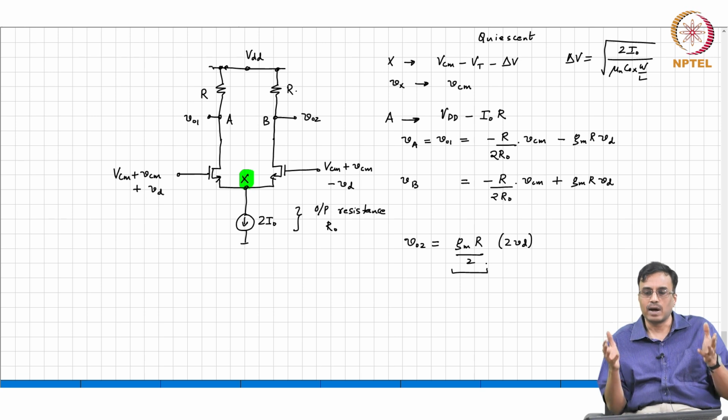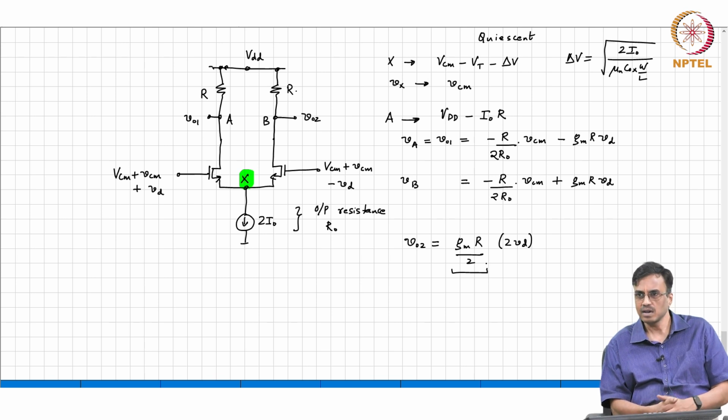So, this gain GM R by 2, of course, can't be very large. Just like in a common source amplifier, if you make that load resistance very large, what comment can we make?